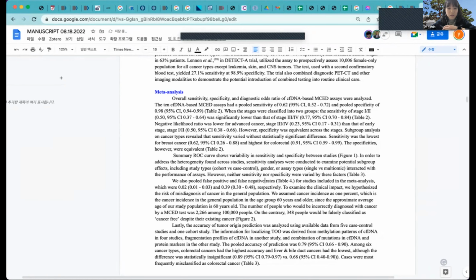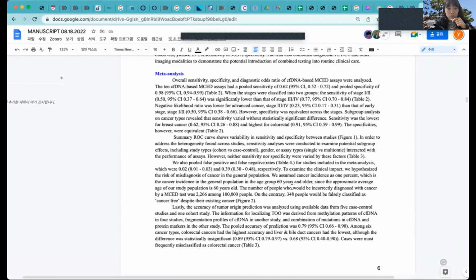Then what I did with these numbers is assume a cancer incidence of 1%, because that's what I found as the average cancer incidence across genders around the 50s or 60s in the US. The average age of the population included in our meta-analysis is also in the 60s. I tried to estimate how many extra people will be misclassified with MCED tests based on our meta-analysis.